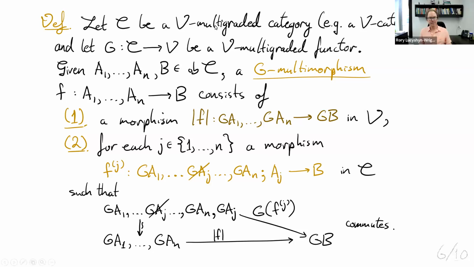In the chat: does CG itself naturally have the structure of a V multigraded symmetric multicategory? Yes, excellent question, and I do believe that it does. In particular, going in this direction, we find that if certain limits exist and so on, then CG will become a V enriched symmetric multicategory as well.